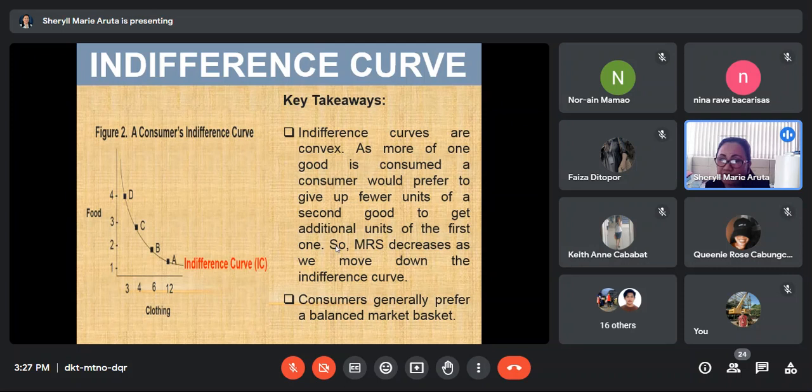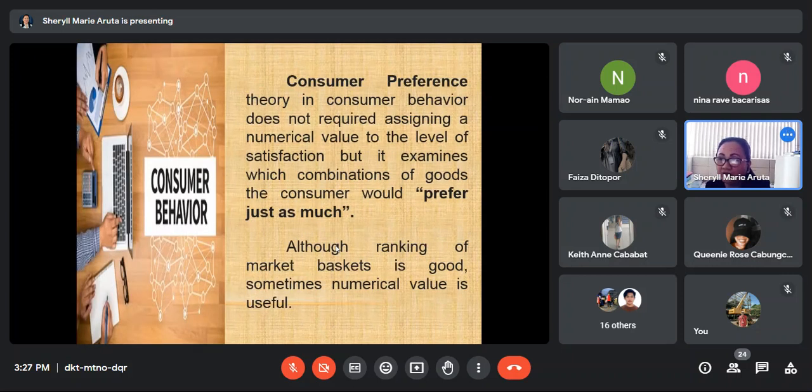So that's why the indifference curve will give us the idea of the most preferred combination where you can experience the real idea of satisfaction. So consumer preference theory in consumer behavior does not require assigning a numerical value to the level of satisfaction, but it examines which combination of goods the consumer would prefer.